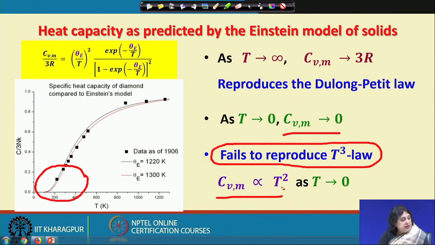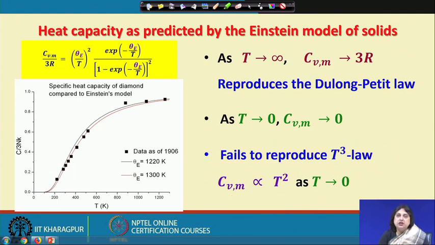So, this means that in this particular case, I do have this problem that the Einstein model, although it could produce the high temperature behavior of the solid successfully, was not able to explain the entire range of behavior of the specific heat of solids, and it failed especially in the low temperature region.